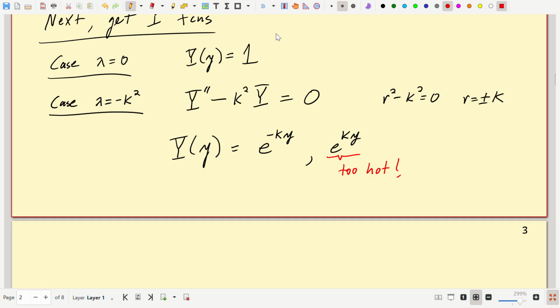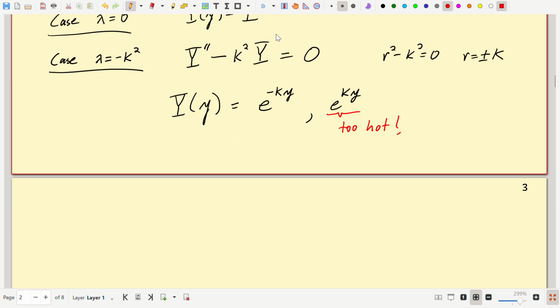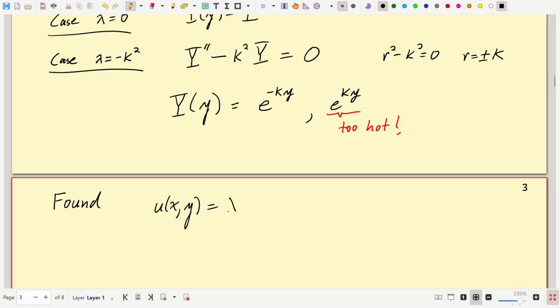And now, here's all the solutions we found. We found a bunch of solutions that seem usable. We found u of x y equals X of x times Y of y. And the X of x was an e to the i s x. And the Y of y was e to the minus something. Let's see, s was the k.